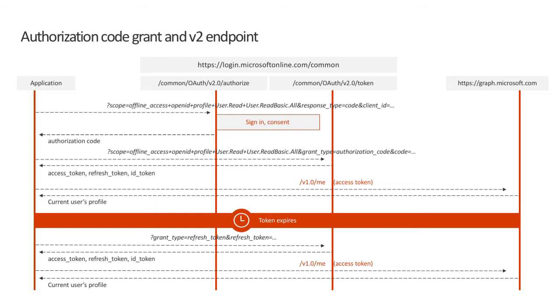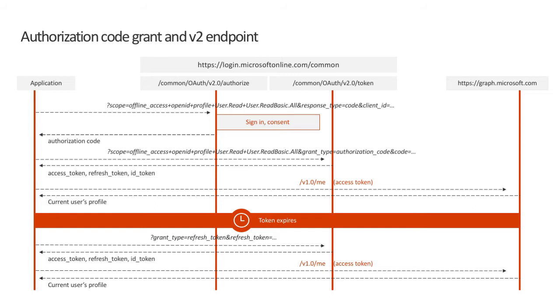Now, hypothetically, let's just say that the access token expired. Well, when that expires, then we can use the refresh token to call back to the token endpoint to get a new set of access tokens and refresh tokens that we can then use to go back and call the Microsoft Graph. It's important to cache the refresh token, though, to request a new access token.